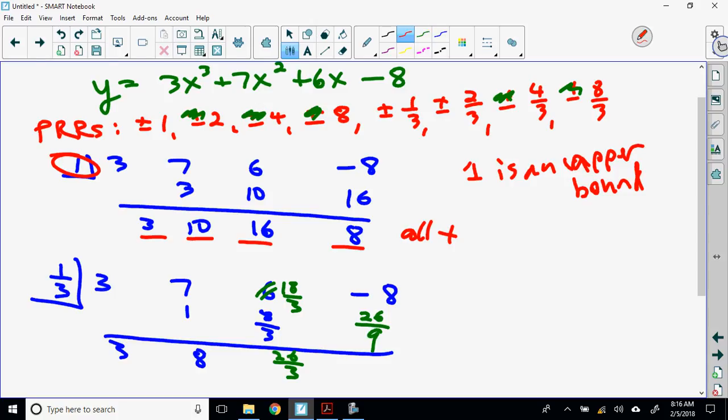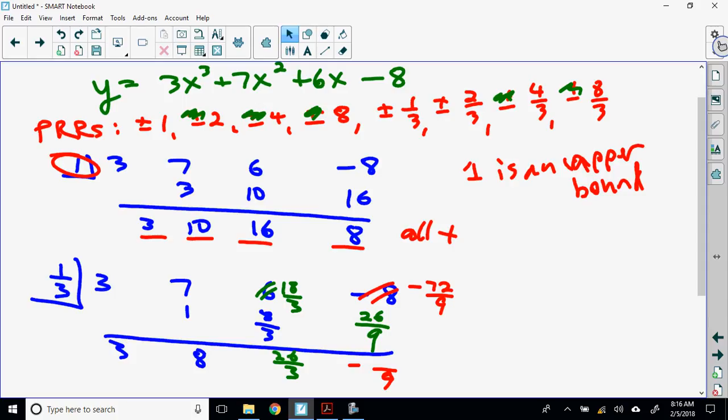And 8 is really the same thing as negative 72/9. So this is negative some kind of 9ths. The point is, it's not a zero remainder. In our bottom row, they're not all positive, and they didn't alternate, so that 1/3 didn't really tell us anything. But it was a good try.